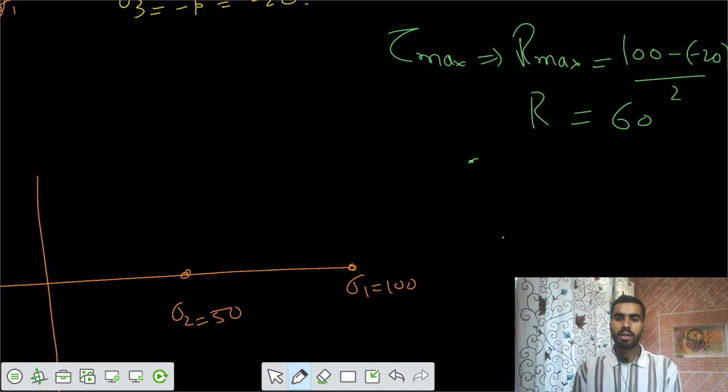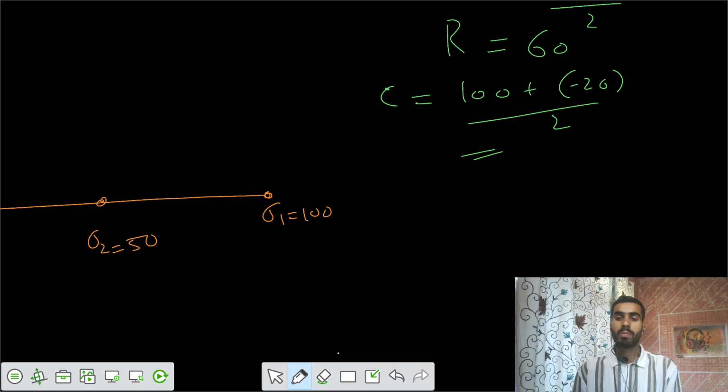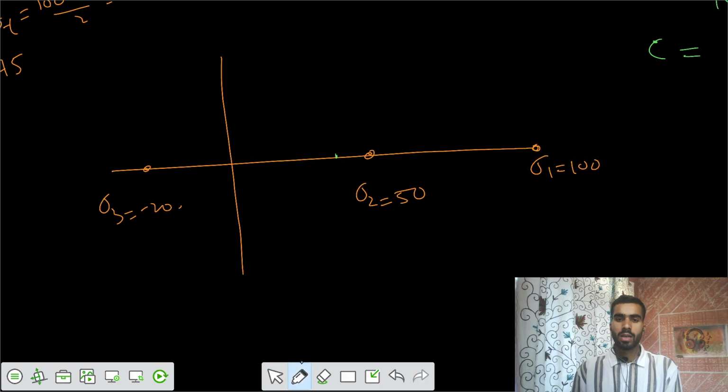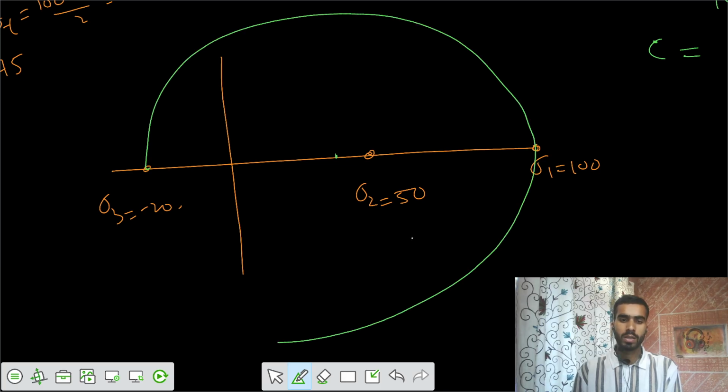To calculate the center, it would be sigma 1 plus sigma 3 by 2, that is sigma max plus sigma min by 2. So finally 40. So center is at 40. The center is somewhere here, and radius of 60. So that means you have to draw a circle connecting these two points.